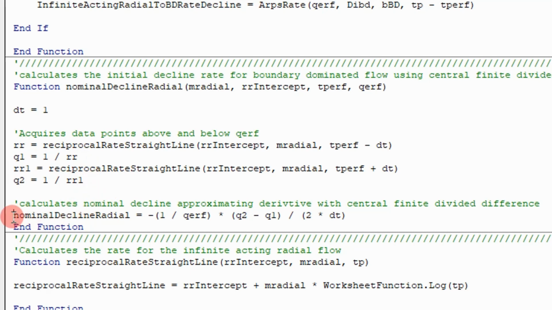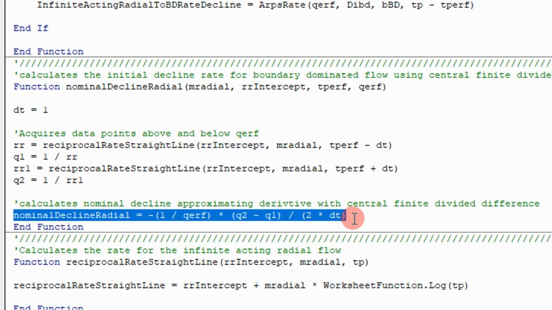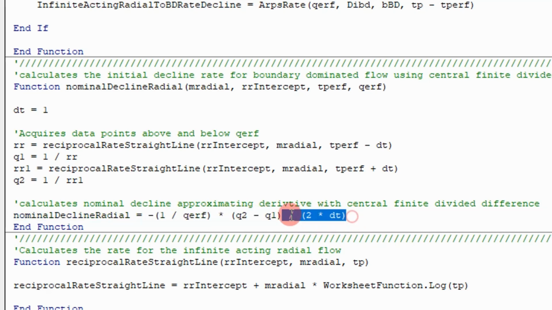Then I use that equation right there, the 1 over q times the derivative, and this is a central finite divided difference approximation of that derivative, and I get my initial decline at the beginning of boundary dominated flow, or at the end of radial flow.